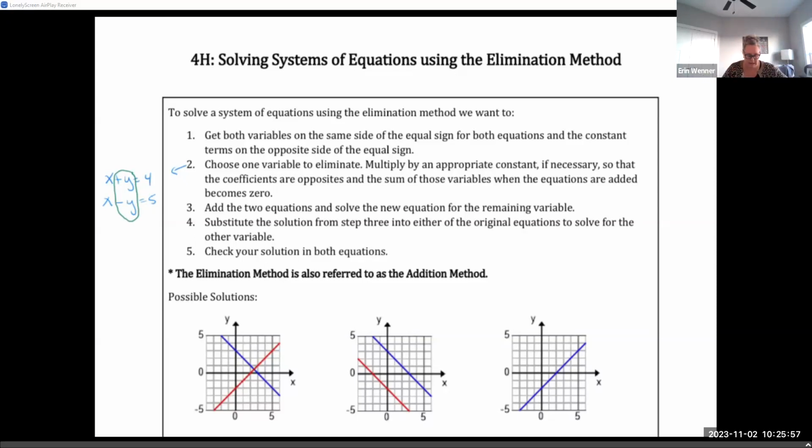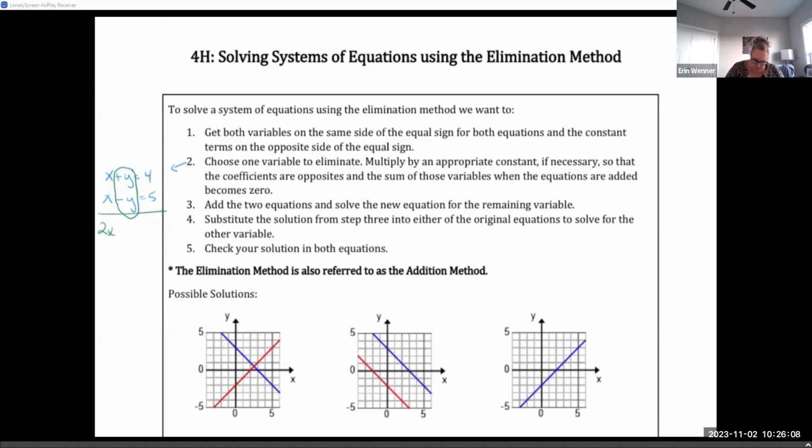If I vertically add them, I'm taking x plus x, which gives me 2x. The positive y, negative y, they cancel out. And then on the right-hand side, 4 plus 5 is going to equal 9. And what I've done is eliminate the y variable.